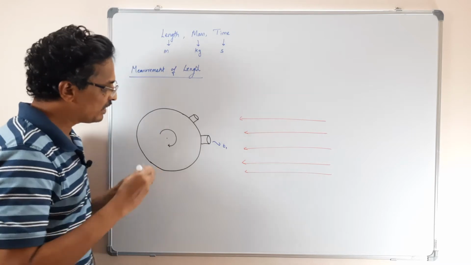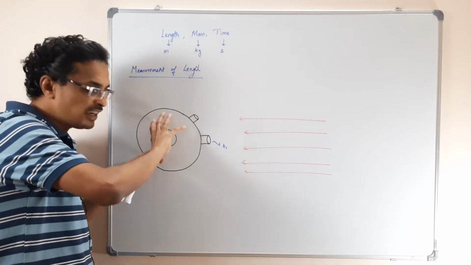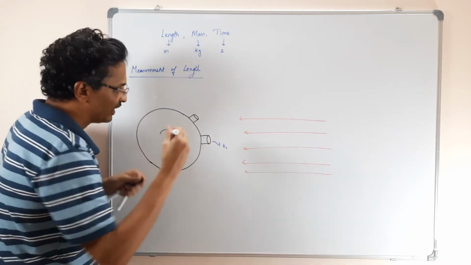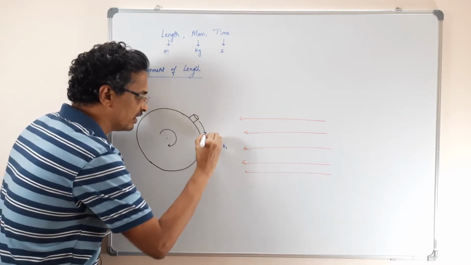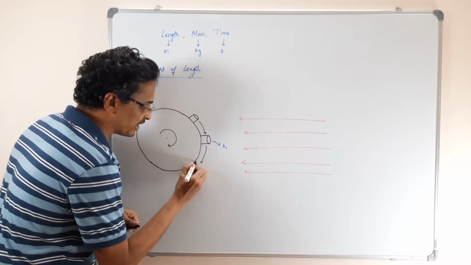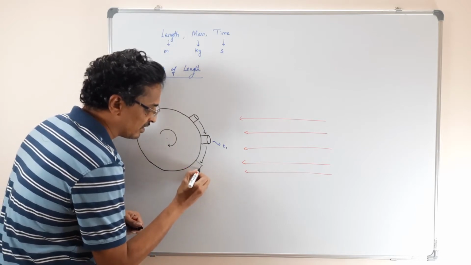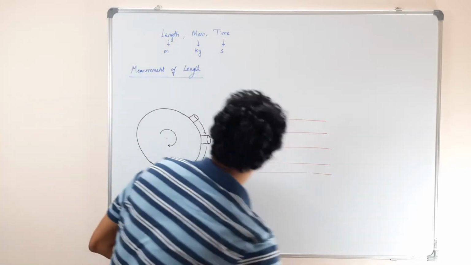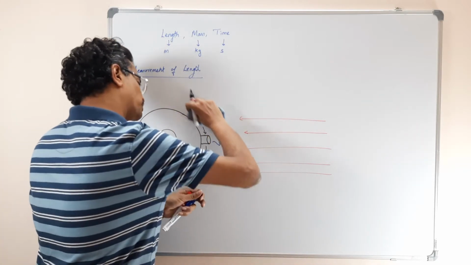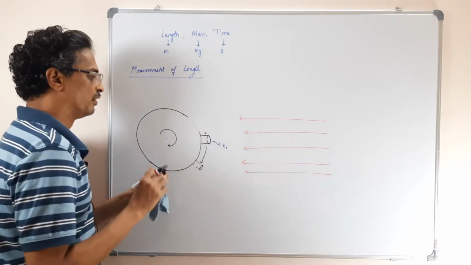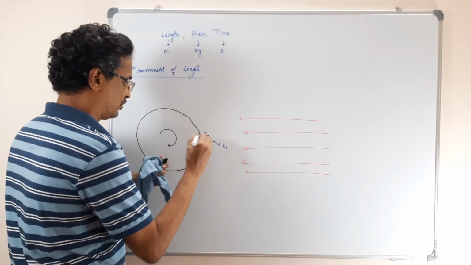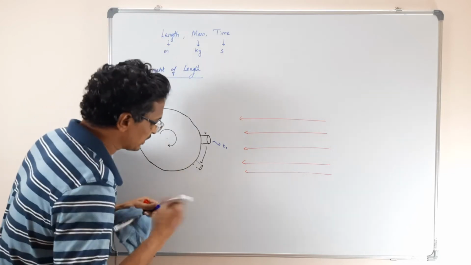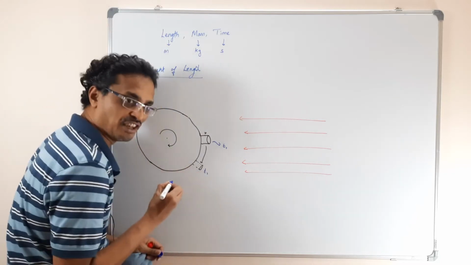Then after some time, the Earth spins, right? So this came down to here, and this went somewhere else. Now this has moved here. So earlier this one was measured at time T1, correct, when it was there.